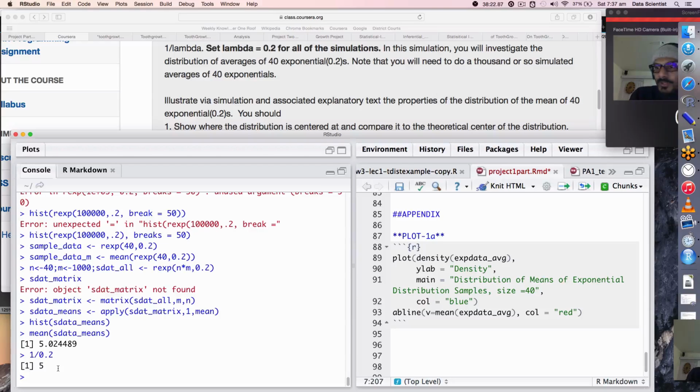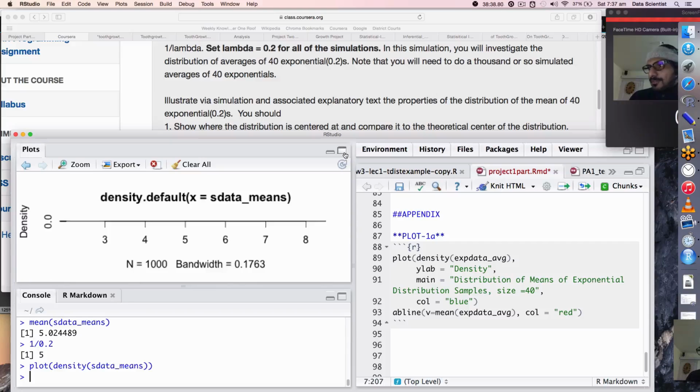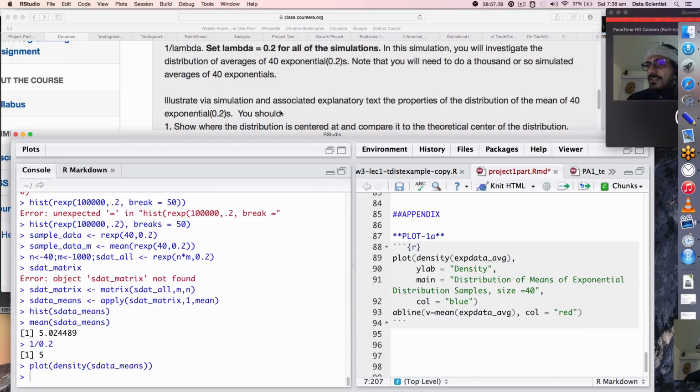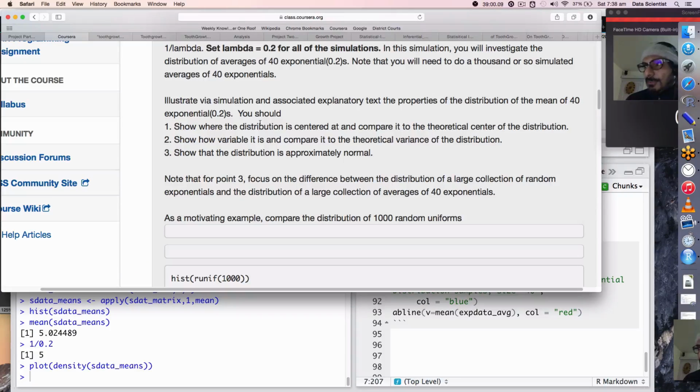If I was to just do density, if I say plot, and then I say plot the density of S data underscore means. All right. Let's look at this plot. So this plot is more easily understandable rather than the histogram, right? So this is what the plot looks like. So how do you do it? Use the function density and then straight away use the function plot. You don't need to use the function histogram. This is fine. So we've done part one of the question, right?